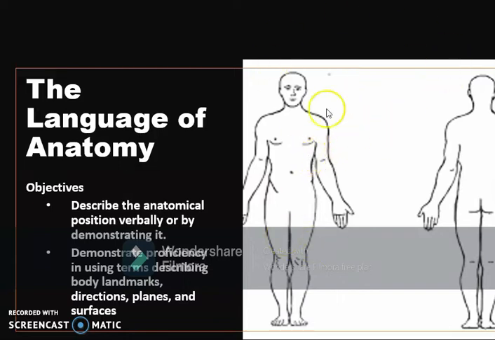The subject is facing forward, with palms forward, thumbs facing to the sides. This is the position from which all directions and descriptions are made. The person is standing erect, palms facing anteriorly, feet together, and facing forward.